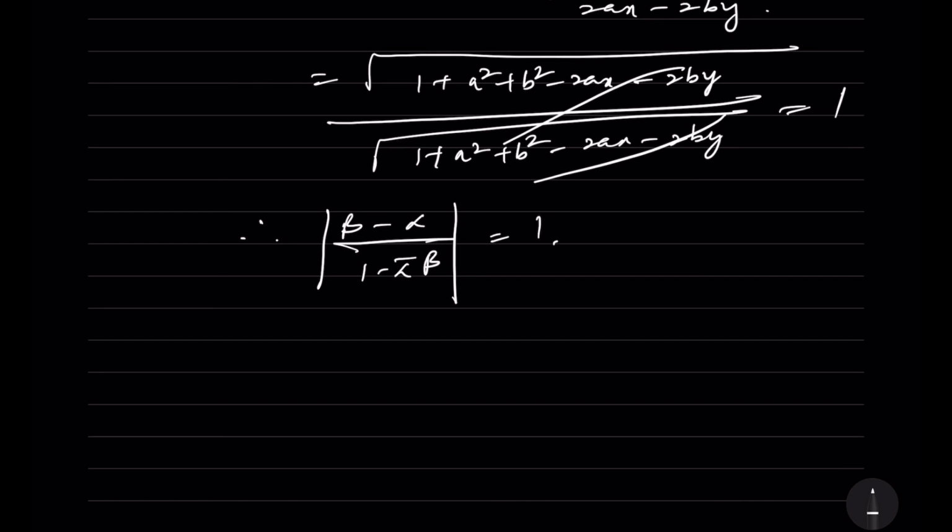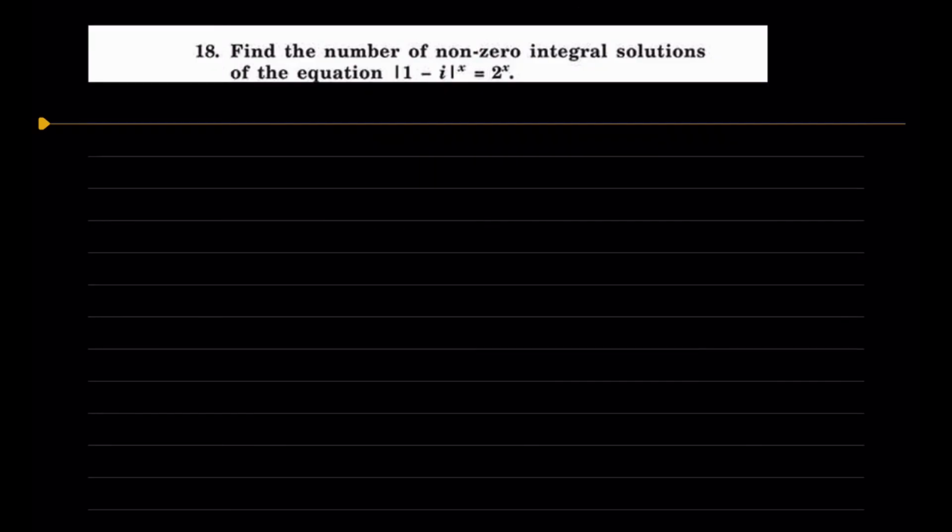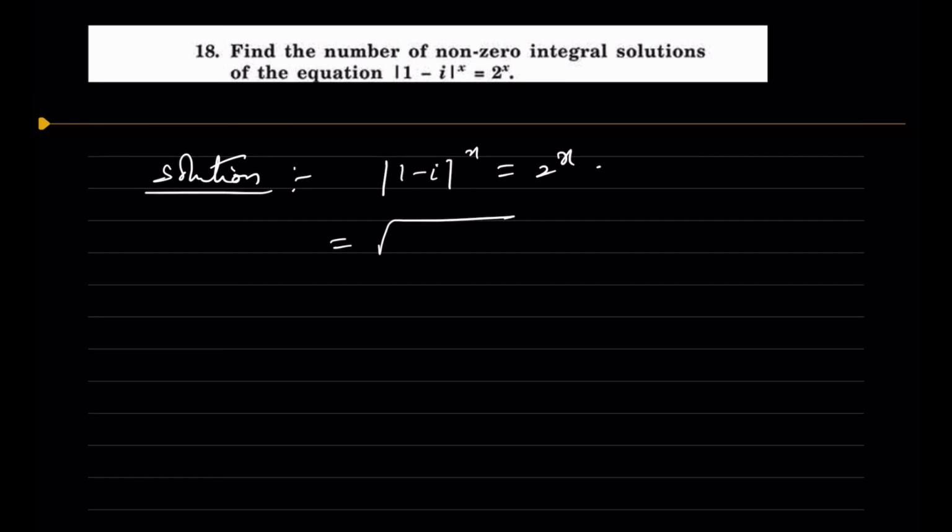So now going into the next one, the equation is given over here. So what is the solution of this, we'll see. Here you are having mod of (1 minus i) whole to the power of x is equal to 2 to the power of x. So whenever we are having a mod, we'll take root of real number square plus imaginary number square.